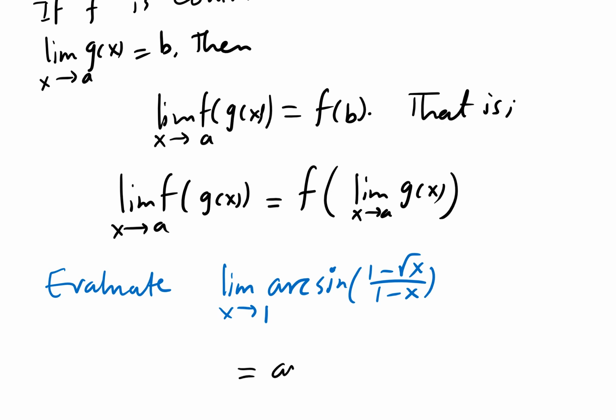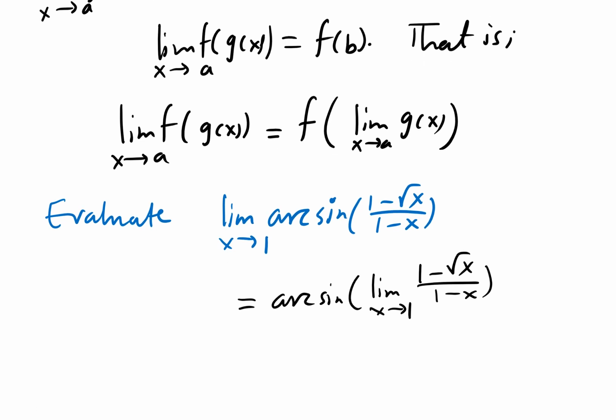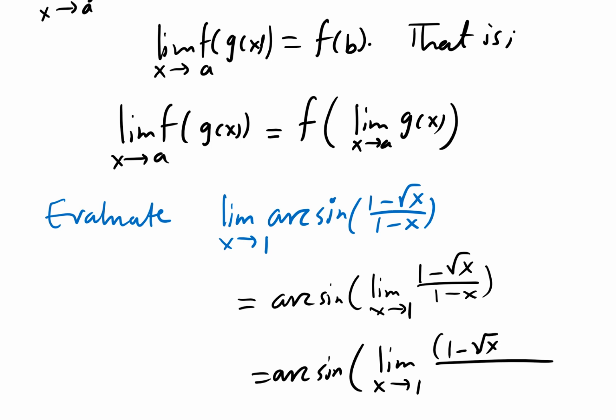So if I want to apply the theorem, I can pass the limit inside this as x approaches 1. And as you know from the previous section, if you pass the limit to this fraction, you get 0 over 0. So what we need to do here, we can rationalize the numerator. In other words, we can multiply top and bottom by 1 plus the square root of x.